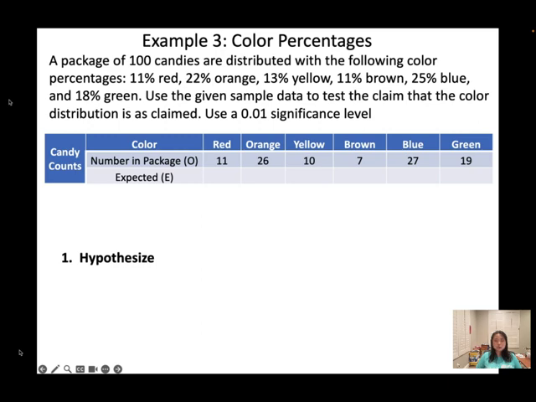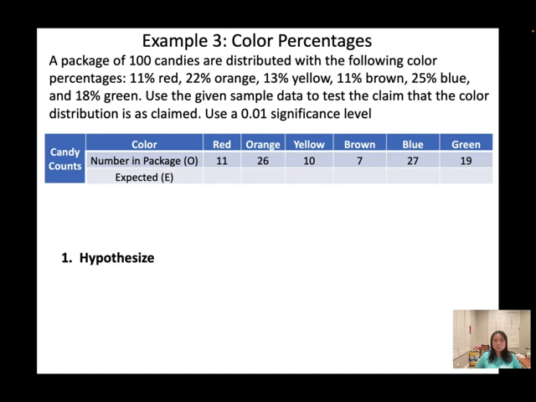Okay, try to work on this example by yourself. A package of 100 candies is distributed with the following color percentages: 11% red, 22% orange, 13% yellow, 11% brown, 25% blue, and 80% green.